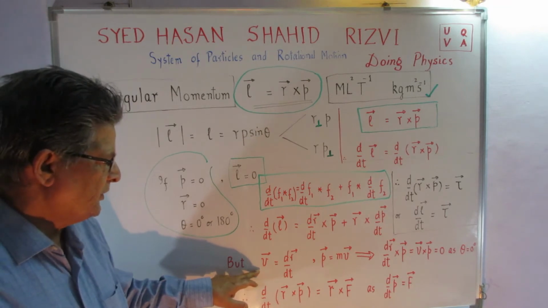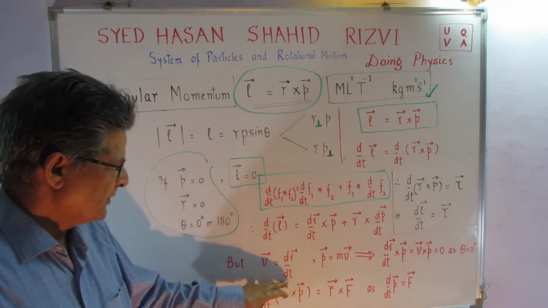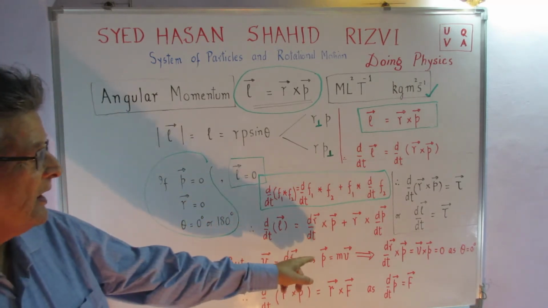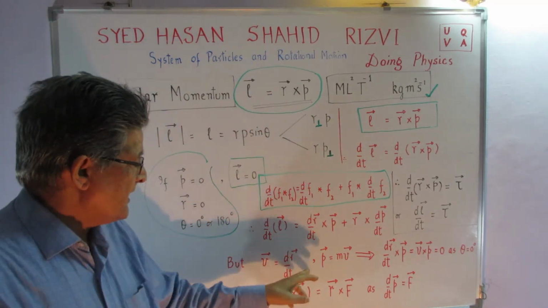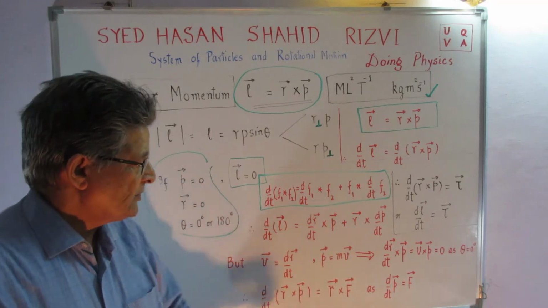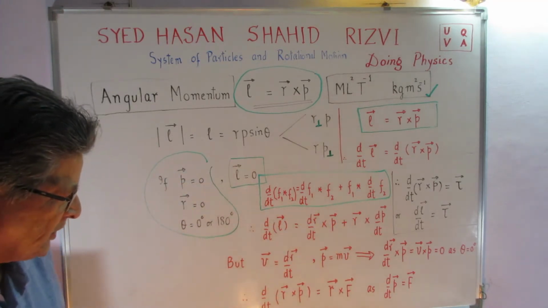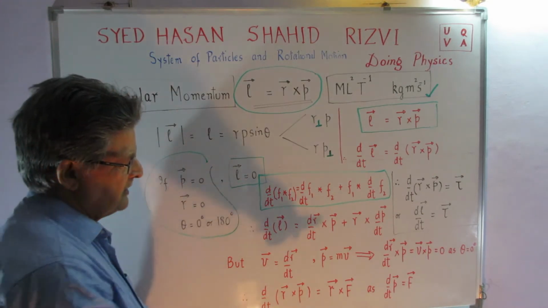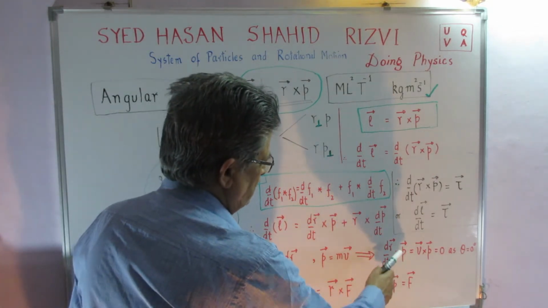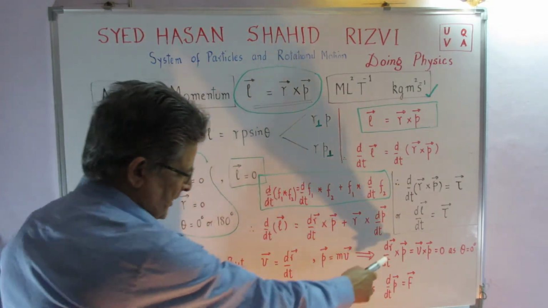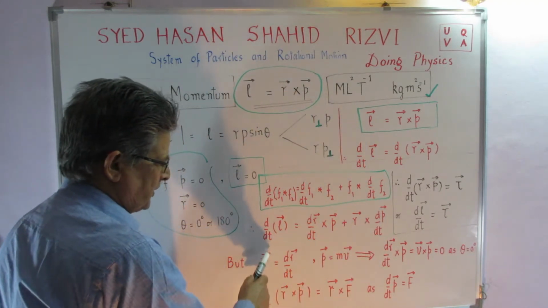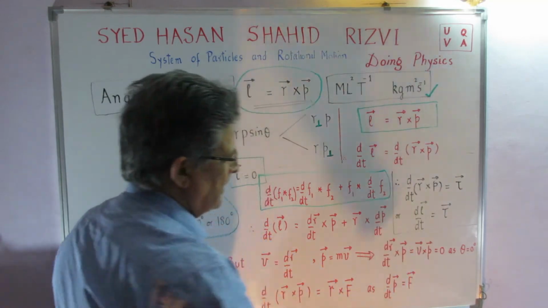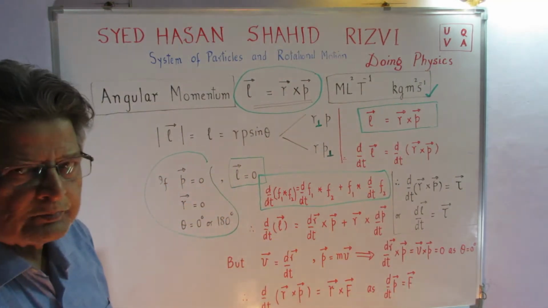The velocity is defined as dr/dt, and because the linear momentum is defined as mass into velocity, dr/dt cross p is velocity cross momentum.